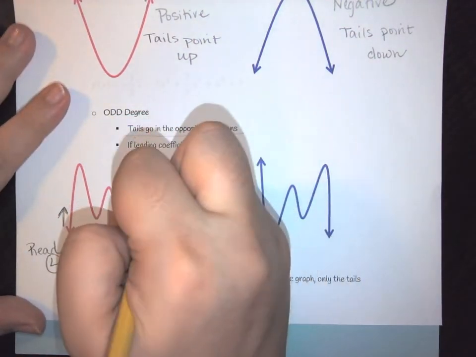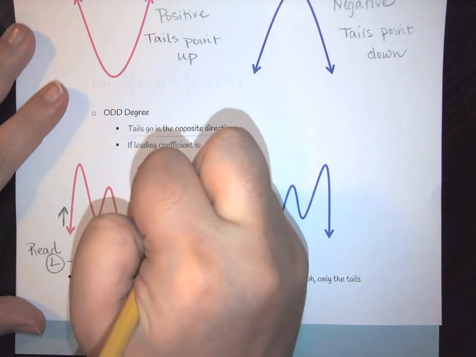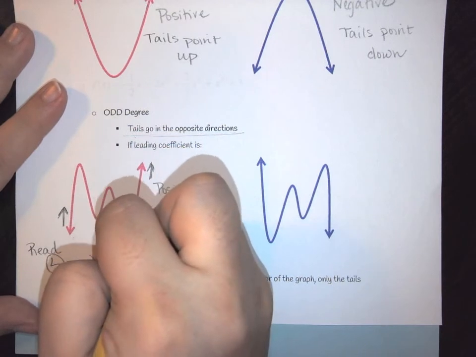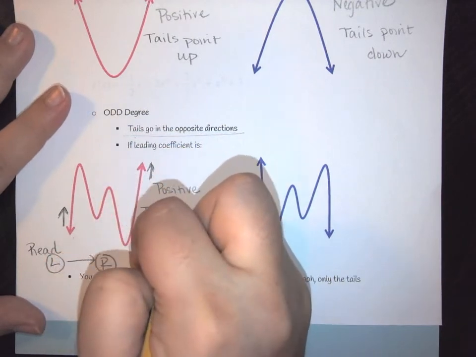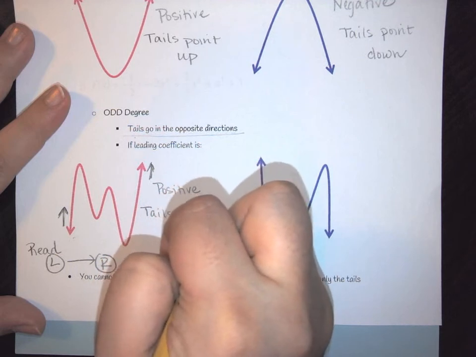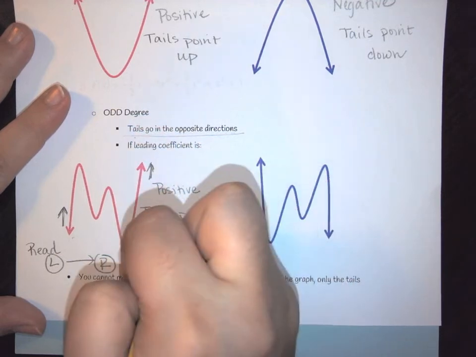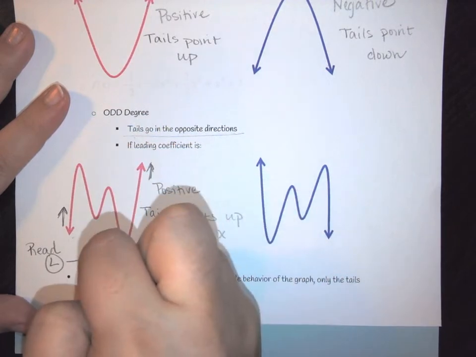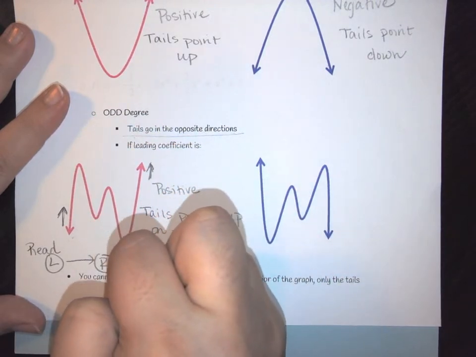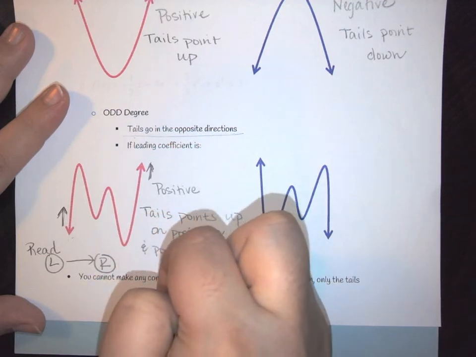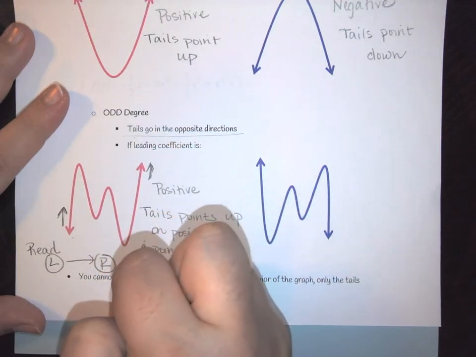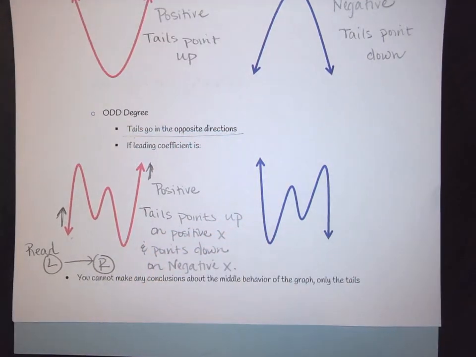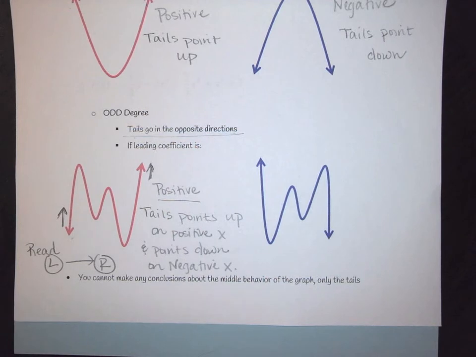What this means is that you have a positive. And in this case, we would label it by saying that the tail points up on the positive x and points down on the negative x. Okay? But this is called a positive.